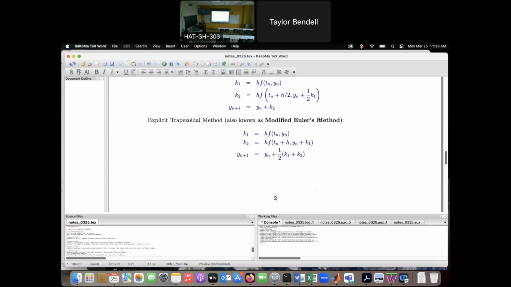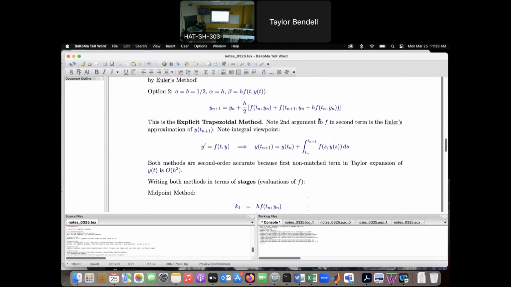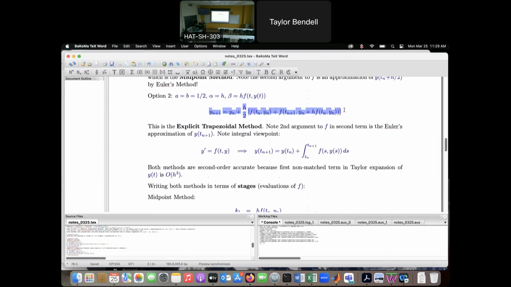Let me scroll back to that real quick. Okay, so here in the explicit trapezoidal method, we only have yn+1 on the left side of the equation. Here we need the time derivative at tn+1, yn+1, and we use Euler's method to approximate that y value.